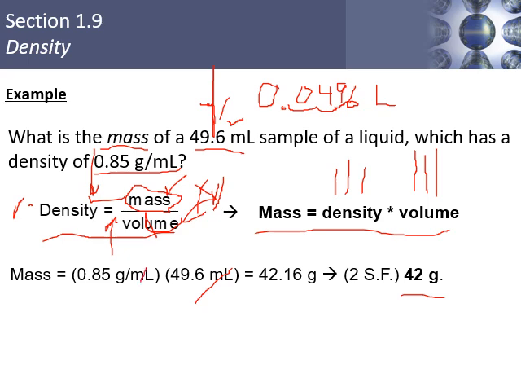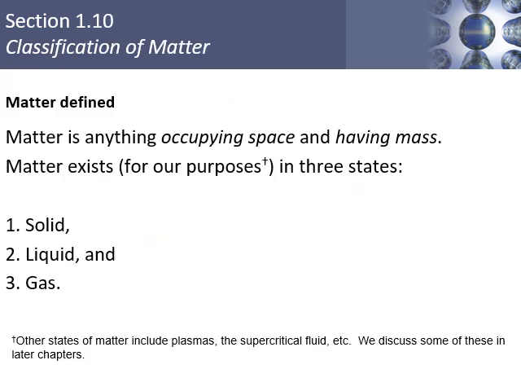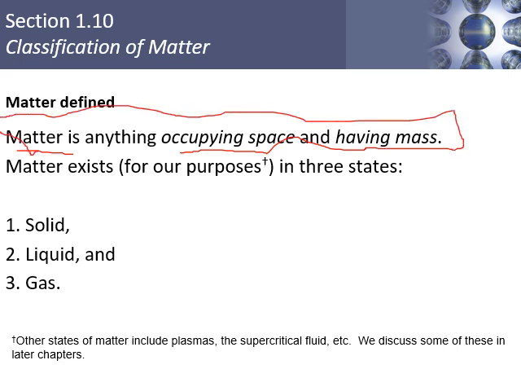Okay, next slide. All right, so let's run through these next slides fairly quickly. Matter, we're going to do some other definitions. So matter is anything that has mass and occupies space. That's just a basic high school definition of matter.